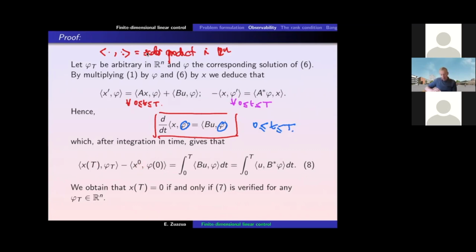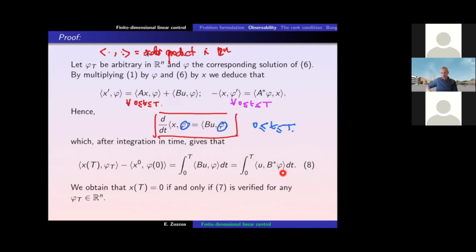And of course I cannot guarantee what phi(0) is, because phi is the solution of the adjoint system departing from phi_T at time capital T. And this, when I integrate with respect to time, is going to be the integral from 0 to T of Bu phi, which I can also write as the integral from 0 to T of u B star phi.